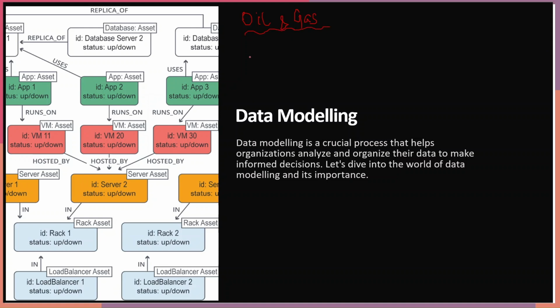Okay, so now let's say this company in oil and gas has multiple divisions. Let's say they have an engineering team, a procurement team, then they have a shipping team, and then, let's say, a logistics team.